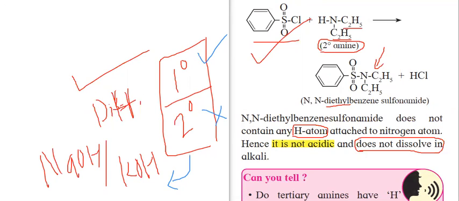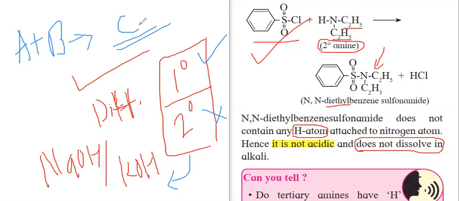Why? Because for the CET and NEET purpose, most of the time the question is asked in the form of A reacts with B and it forms C. Whenever the C compound formed is treated with the Hinsberg reagent, if it shows dissolution, it means C is a primary amine.